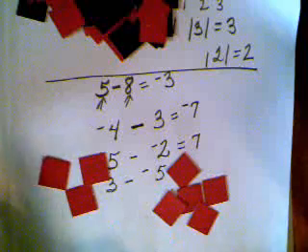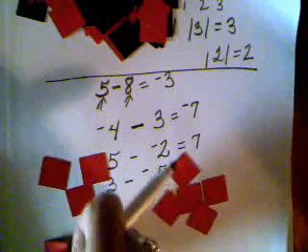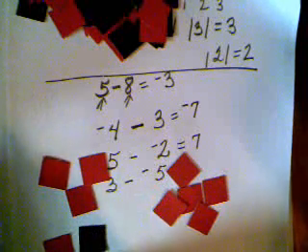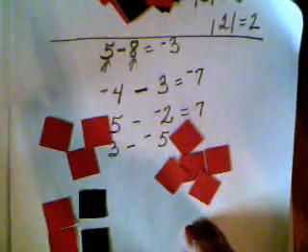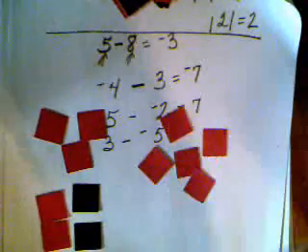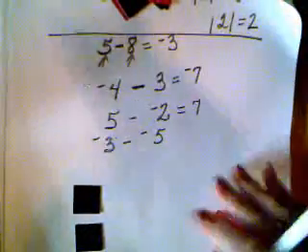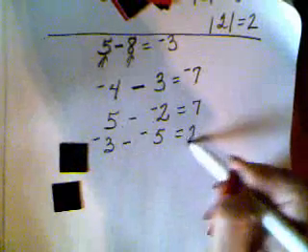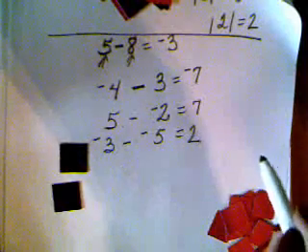But I can add 2 red if I add 0 pairs. So now I have 5 red that I can take away from 5 red. And what I had left is 2 black. So the answer is 2.